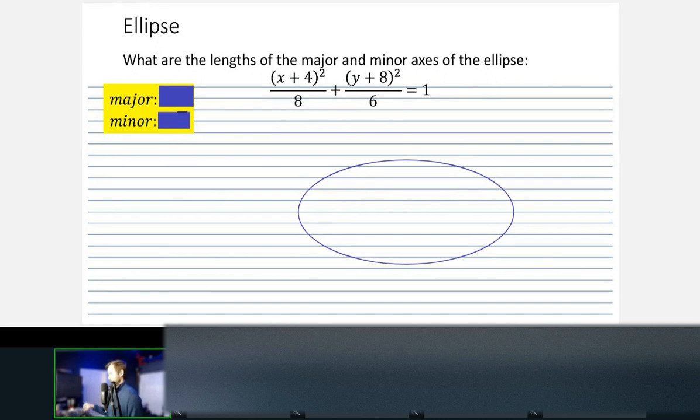All right, so from the center, we'll do the major axis first. From the center to this point, do we know that distance? Enzo says 2 rad 2, Brady says 8.